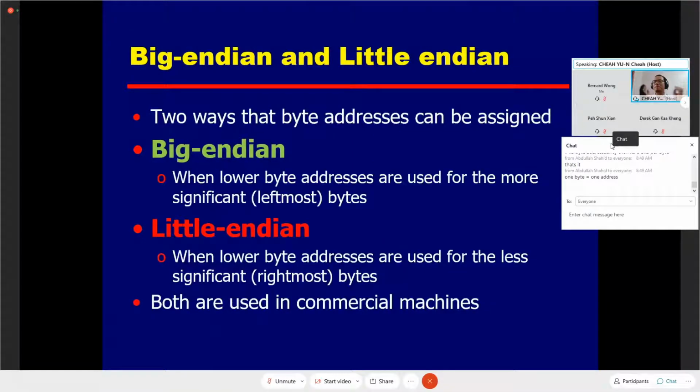This is what we call the big endian way of labeling, or rather addressing, the bytes. That's the big endian one, whereby the lower byte addresses are used for the more significant bytes, which means the bytes on the left.